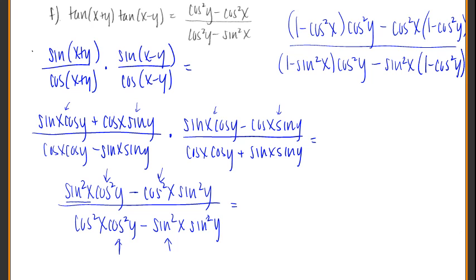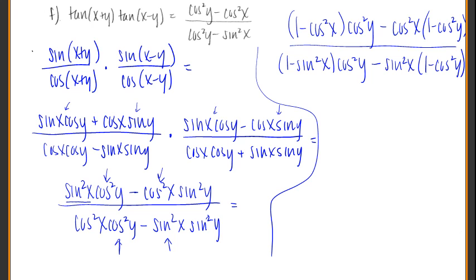Okay, so let's FOIL off. Let's distribute along the top, and let's distribute along the bottom. On the top, cosine squared y times 1 and then the other one. I might run out of room, but we'll see what we can do here.